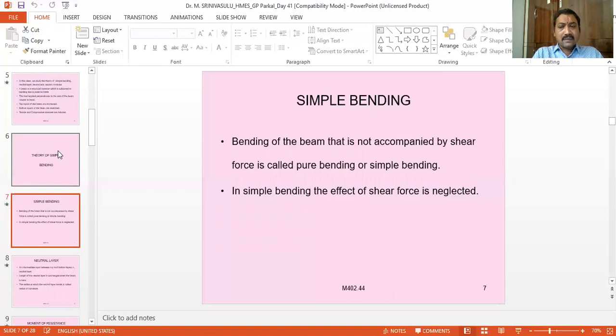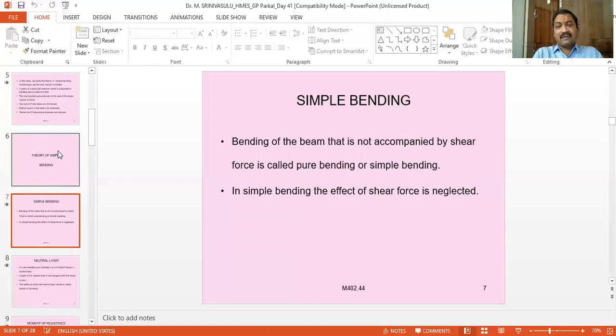Now simple bending. What is the simple bending? Generally, whenever a beam or any material is subjected to a certain amount of external load, two kinds of loads are acting. One is the shear force and the other is the load due to the external force.